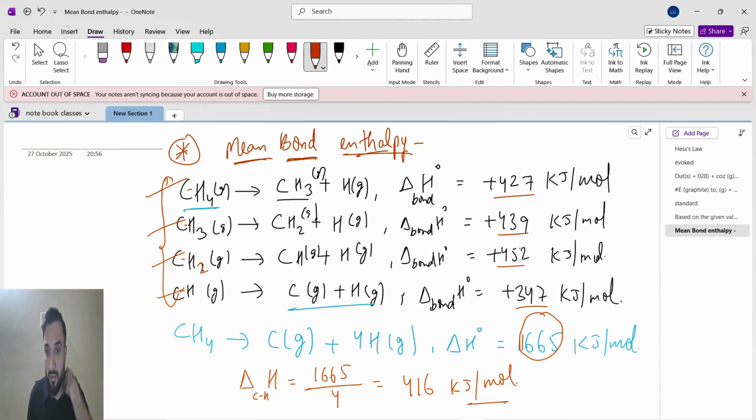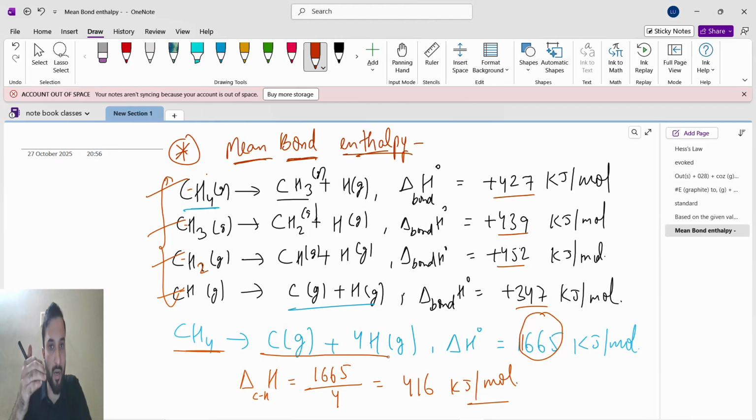Okay, so this is the thing. Mean bond enthalpy means, suppose we have a process from CH4. The carbon hydrogen single bond in CH4 will split into CH3. Again in CH3 the carbon hydrogen bond will split into CH2.